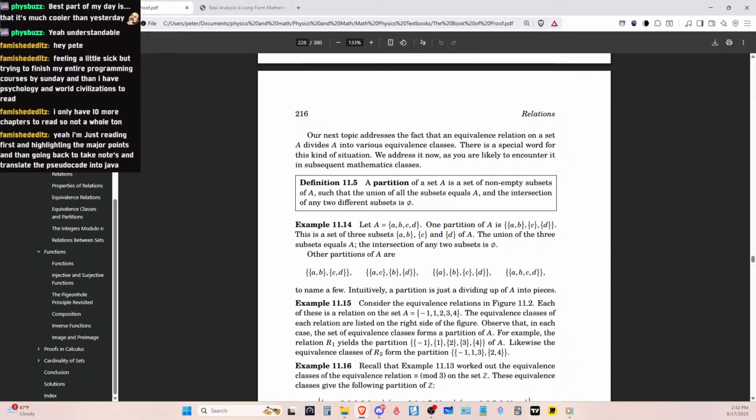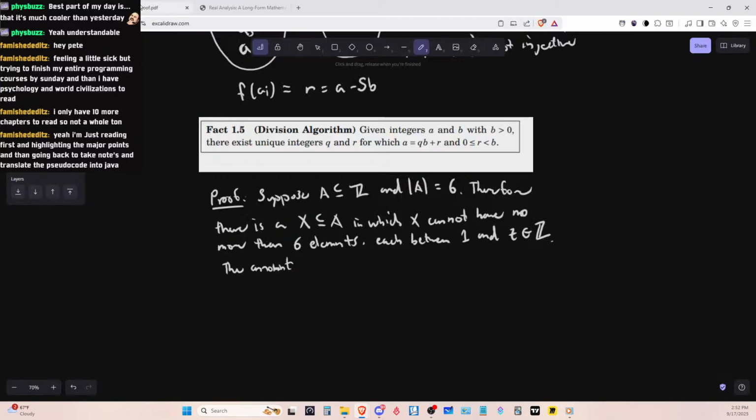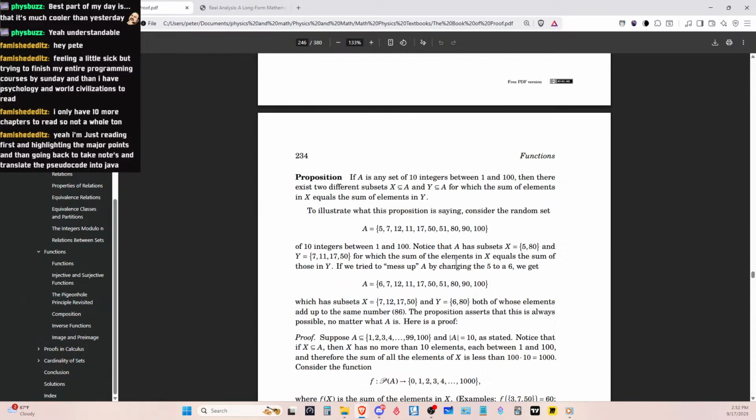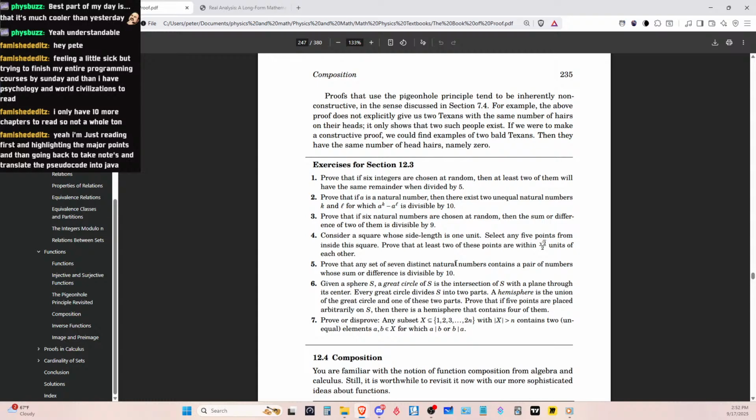Okay, prove A is a natural number, there exist two.